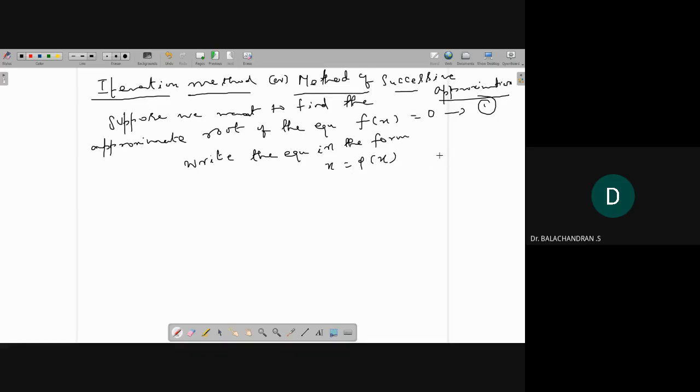That is, x is equal to phi of x. This is equation number 2.